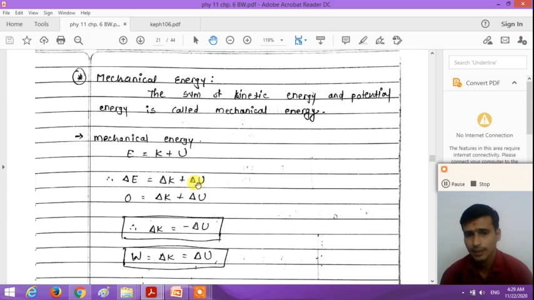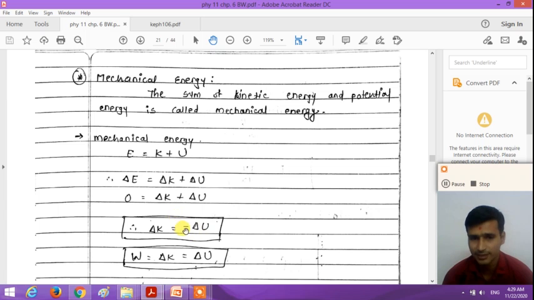But here the kinetic energy may change, potential energy may change, but the total mechanical energy remains constant. So the change in the mechanical energy delta E, we take as 0, is equal to delta K plus delta U, right? So delta K is equal to minus delta U.